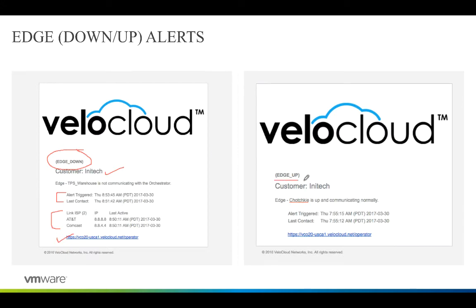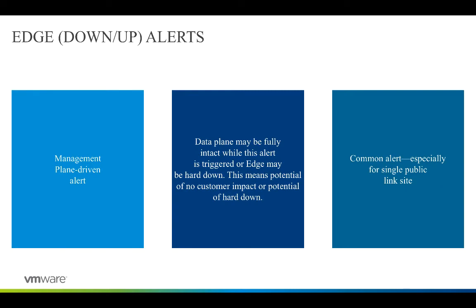Similarly, there is an edge up alert. These are management plane driven alerts. Heartbeats are sent from the edge device to the orchestrator through the gateway. Now, there might be a case when the edge is up and has successfully established a VPN overlay with other sites, but there might be some communication issue from the edge reaching the orchestrator.